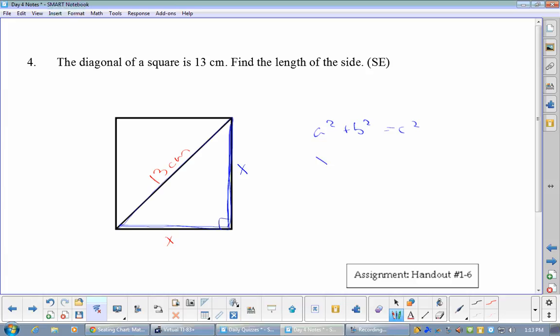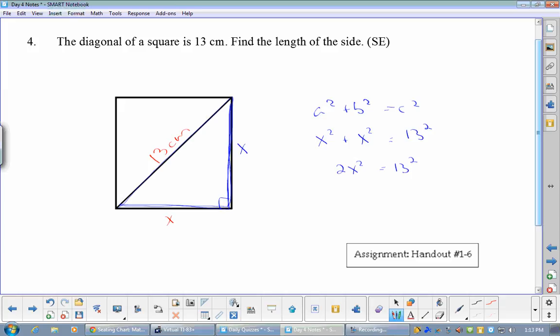I'm just going to say a is x, b is also x. Does everybody get that? Now what's x squared plus x squared? It's actually 2x squared. X squared times x squared is x to the 4th. So 2x squared equals 13 squared.